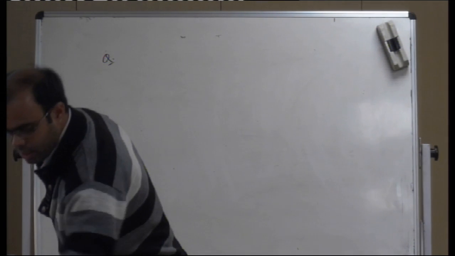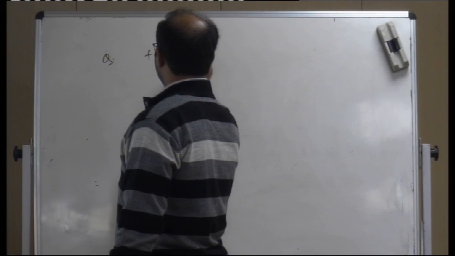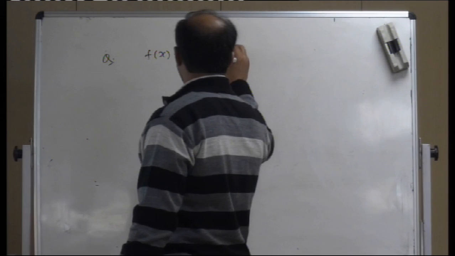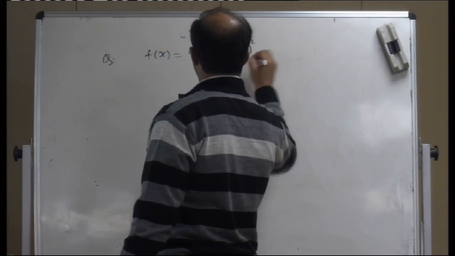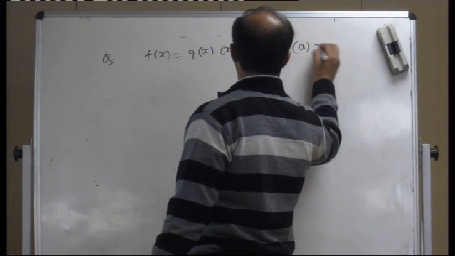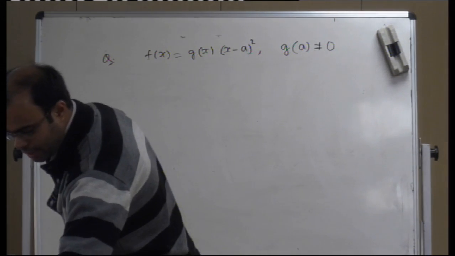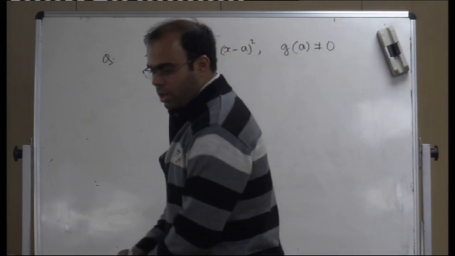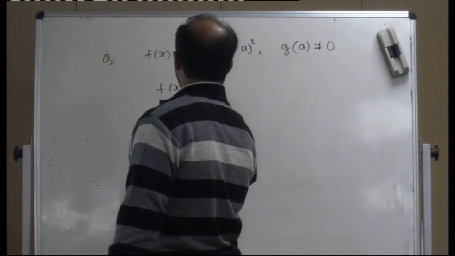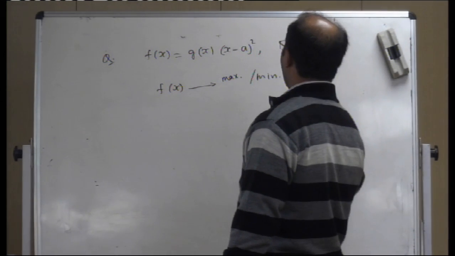Next one is, you have a function f(x) equal to g(x) into (x minus a) square, where g(a) is not equal to 0. This is a purely mathematical sort of question, and here they are asking to find out when f(x) is maximum or minimum, or at what value.